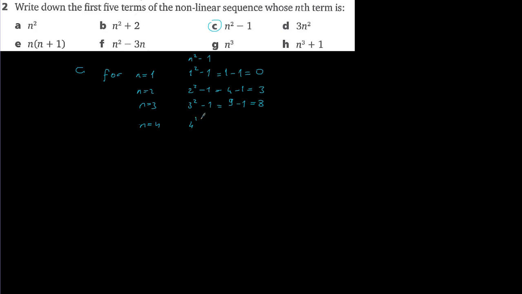And the last one, 4 squared minus 1, which is equal to 16 minus 1, that's equal to 15. So the terms of the non-linear sequence are 0, 3, 8, and 15.